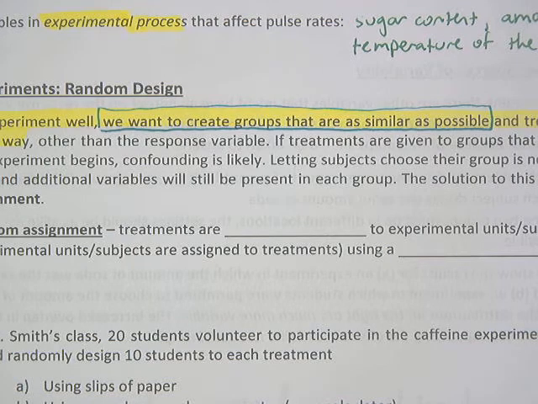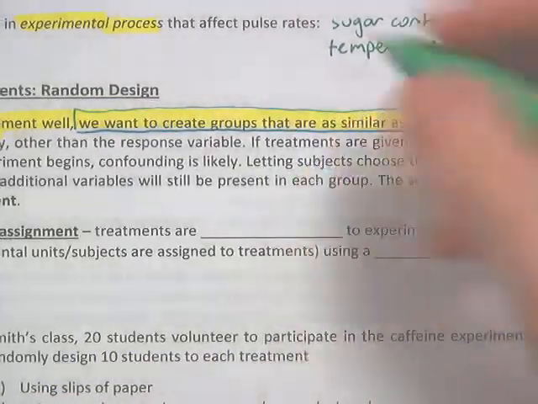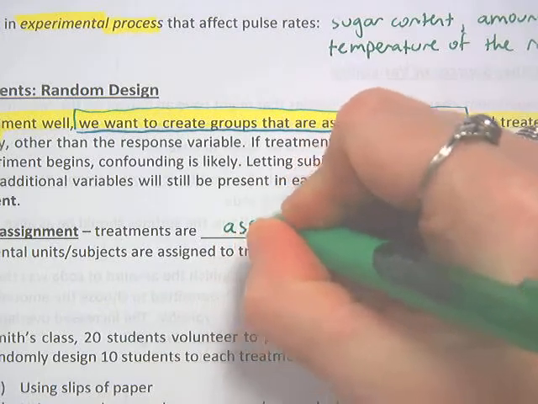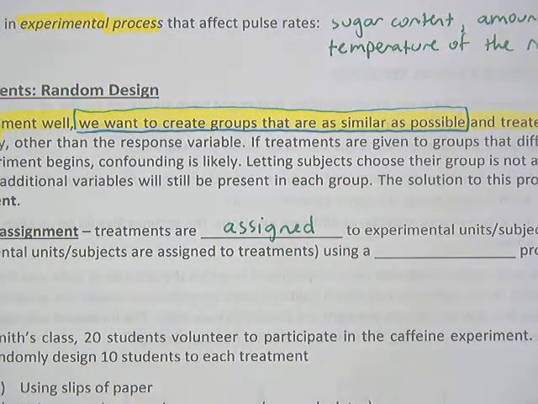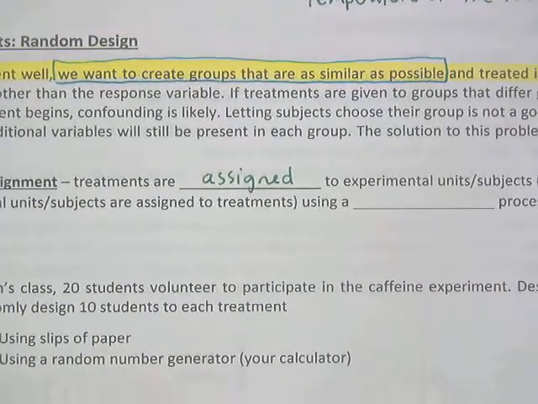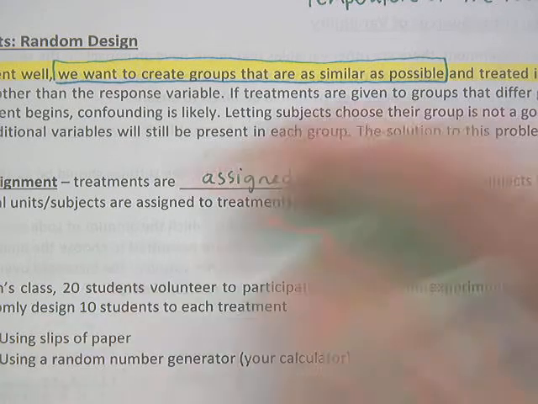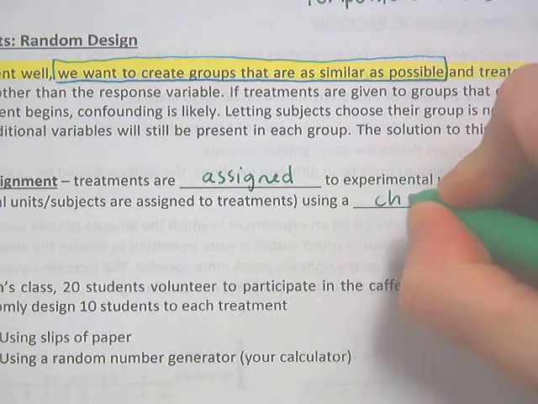Here's what random assignment is. Treatments are assigned to experimental units or subjects if they're people, or you could actually assign your people to a specific treatment. It works either way, but it's when you randomly assign using a chance process.